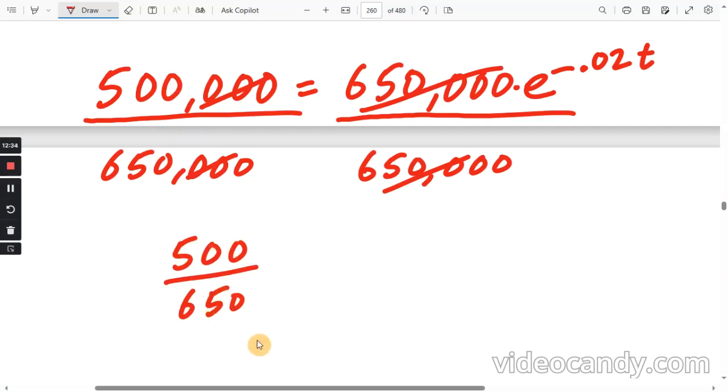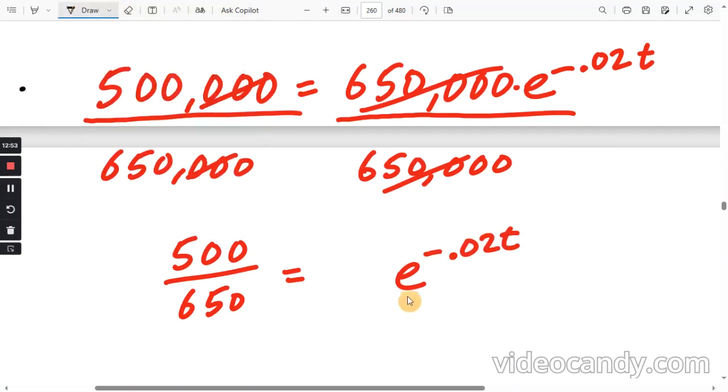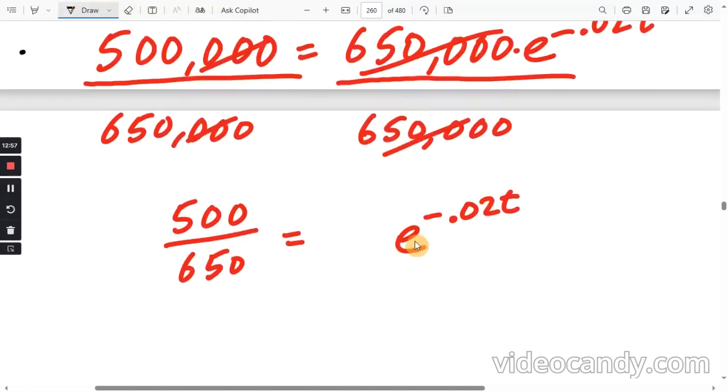We're going to be taking the natural log. Okay, on the right-hand side, the 650,000 cancels. I'm going to leave a little space and write e to the negative 0.02t. Now, just like last time, you can do log or natural log, but natural log is better when you have an e as a base. So I am going to do the natural log on both sides.